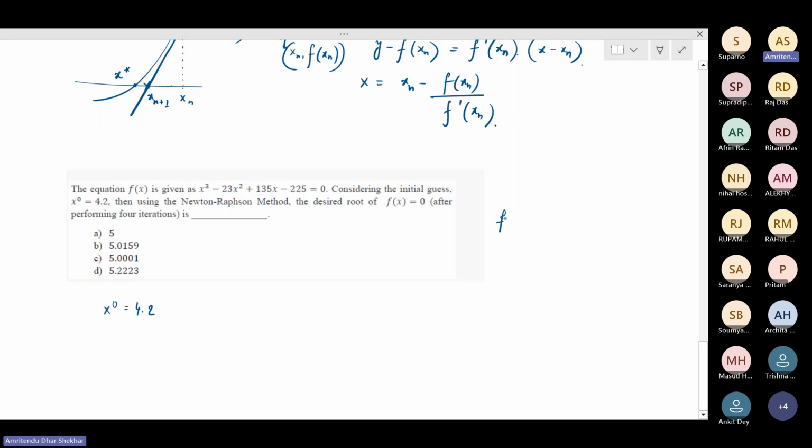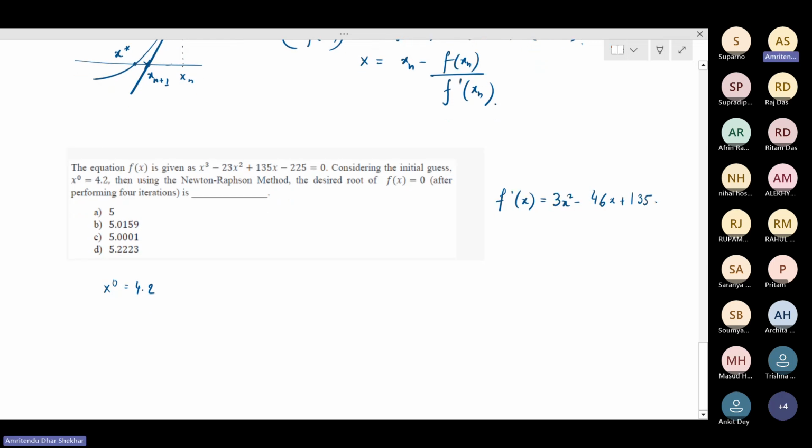So what is f dash x here? f dash x is equal to 3x squared minus 46x plus 135. So the iteration scheme is basically this: xn plus 1 is equal to xn minus f of xn by f dash of xn.